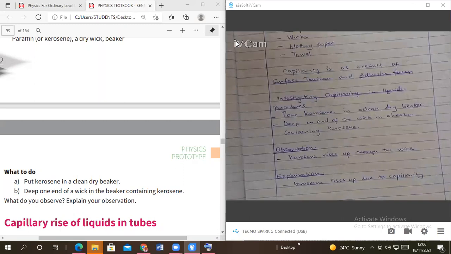Which force causes the liquid to rise up? Adhesion force.